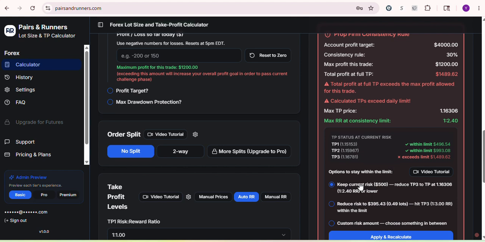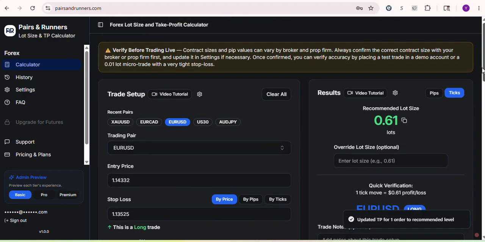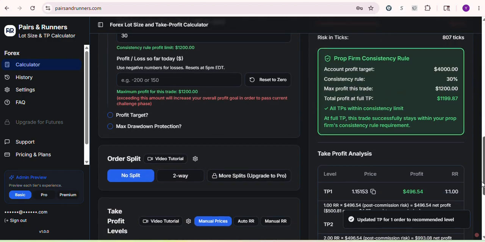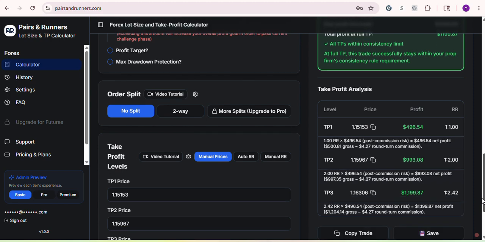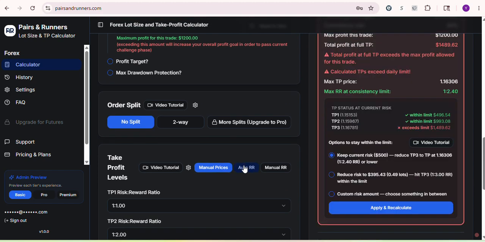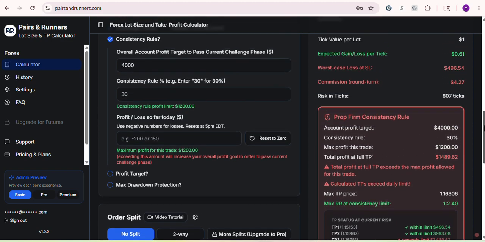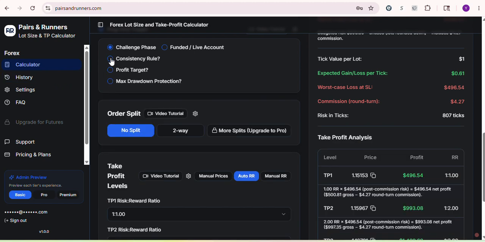So I have the option of changing TP3 to this level instead of this level, and now I'm in compliance. All three are within the $1,200 limit.